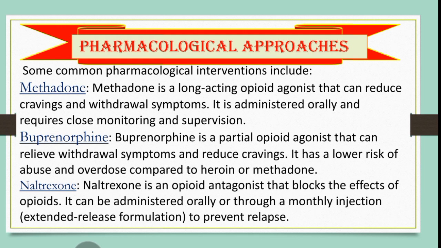Then the second one is buprenorphine, and buprenorphine is a partial opioid agonist that can relieve withdrawal symptoms and reduce cravings. It has a low risk of abuse and overdose compared to heroin or methadone. And the third one is naltrexone, and naltrexone is an opioid antagonist that blocks the effect of opioids. It can be administered orally or through a monthly injection to prevent relapse.